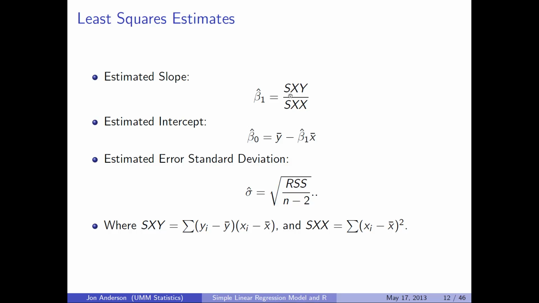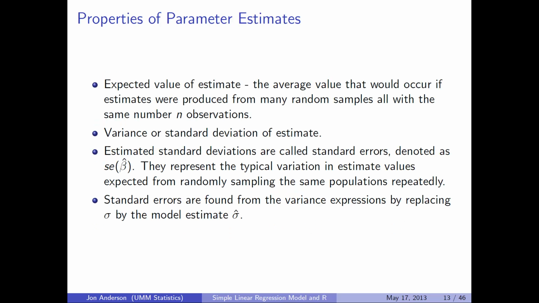Together those things produce an estimate of tilt or slope in the line that's the best it can be. The formula for the estimated intercept is given here, and then we use the residual sum of squares to come up with an estimate of variation around the true mean function. You don't need to really remember these formulas, but I want to show them to you so that you know what R is computing when you get output from an R-based analysis.